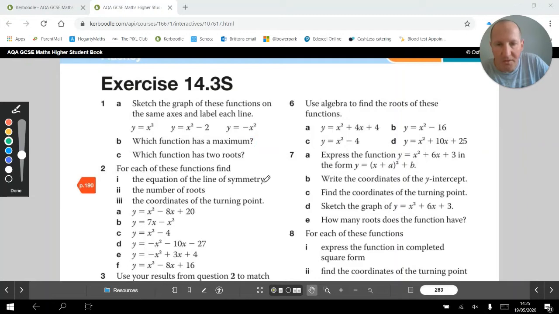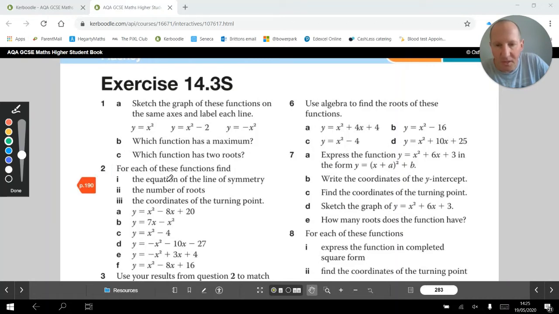I know which one it is, but I'll see if you can work it out. Which function has 2 roots? So that means if we've got the x and y axis, which function goes through the x-axis twice and has 2 roots?